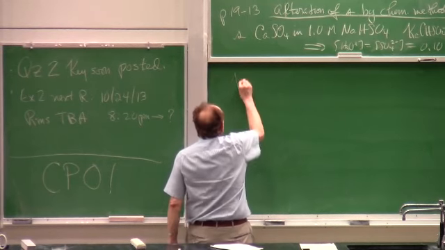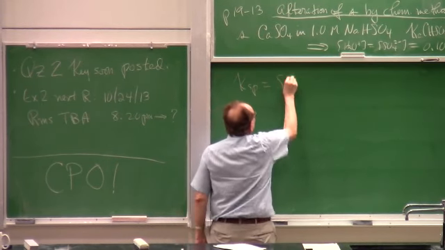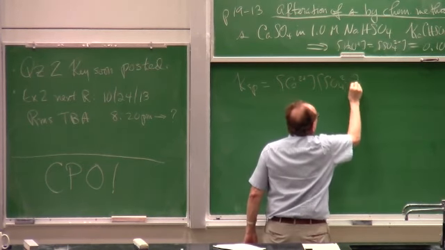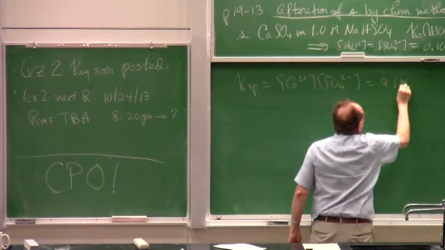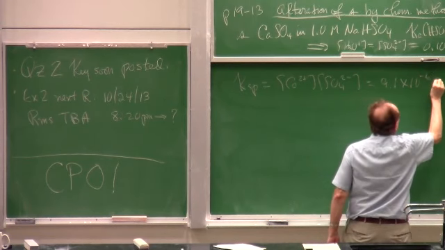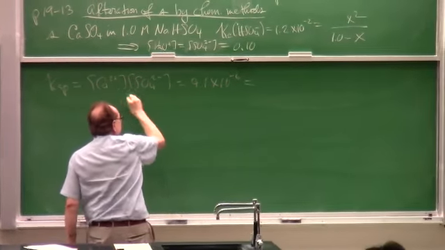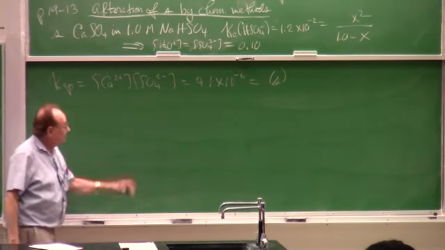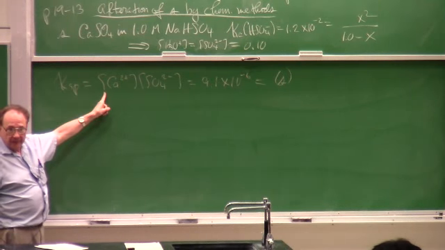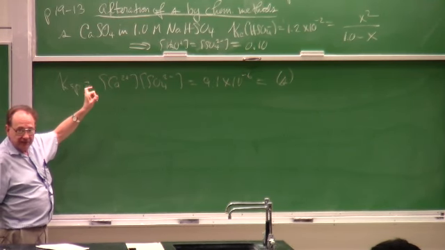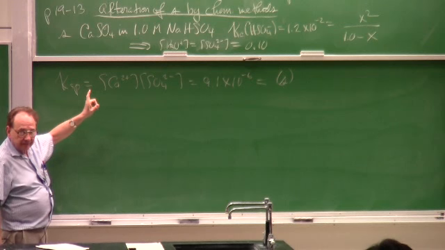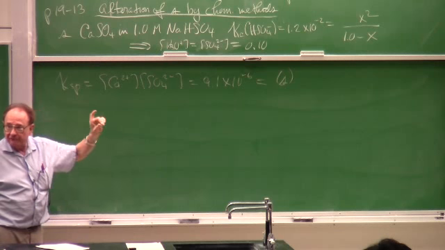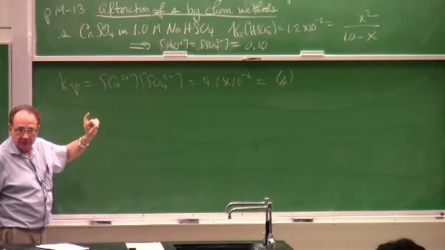Well, KSP is this times this, which is 9.1 times 10 to the minus 6, which is S, calcium ion molarity. But, as we have just demonstrated, in 1.0 molar sodium hydrogen sulfate solution, which is a solution of appreciable acidic character, pH is 1.00.